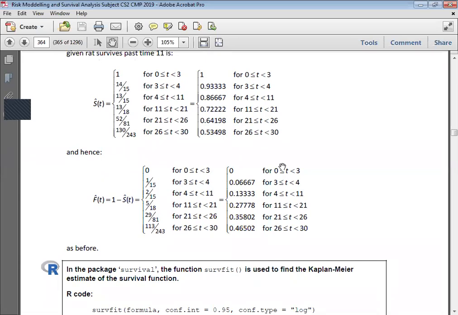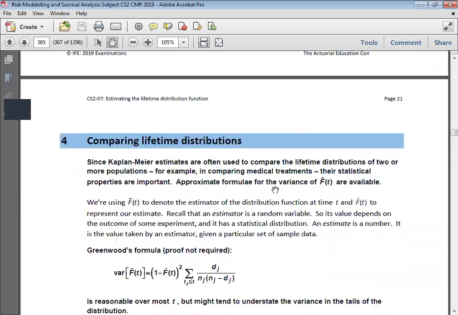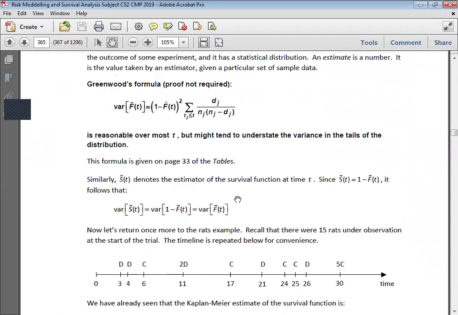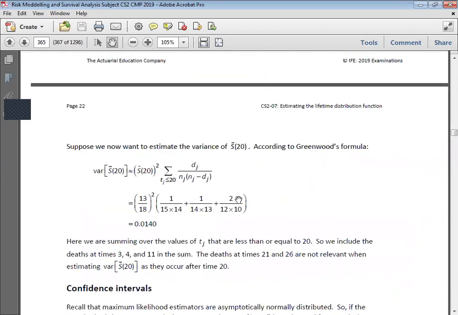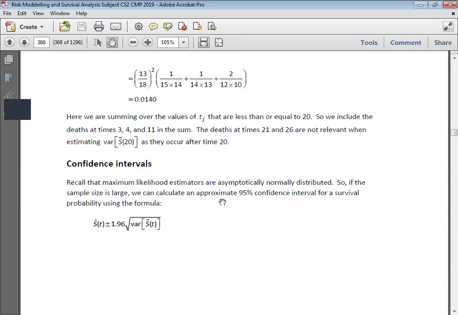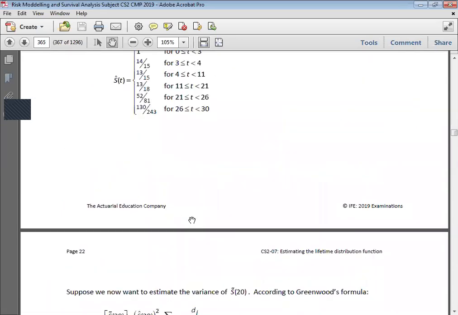So now that we have the estimates for our survival function for each of these time periods, I can go on and think about its variance. What I want to do is create a confidence interval for my survival rates. So again, you will have these for each of the times that you look at.